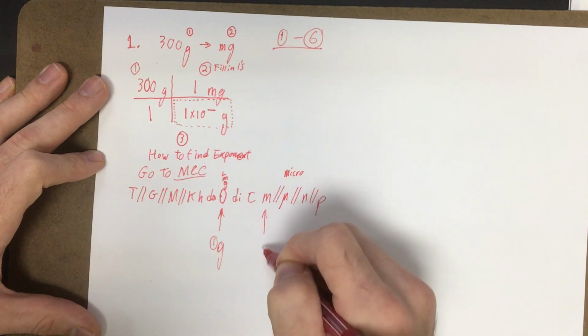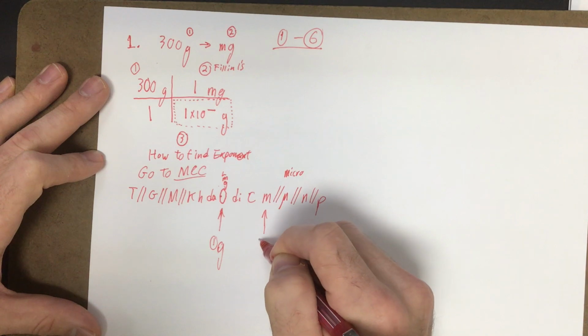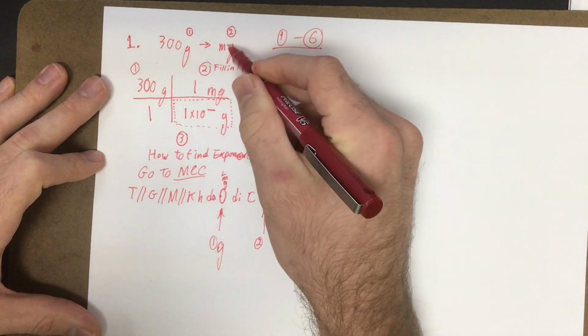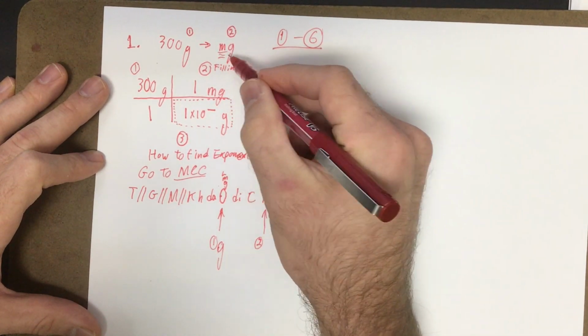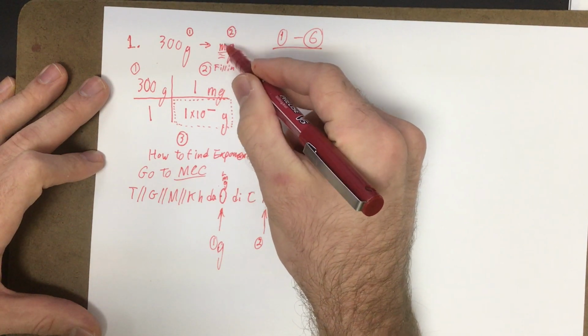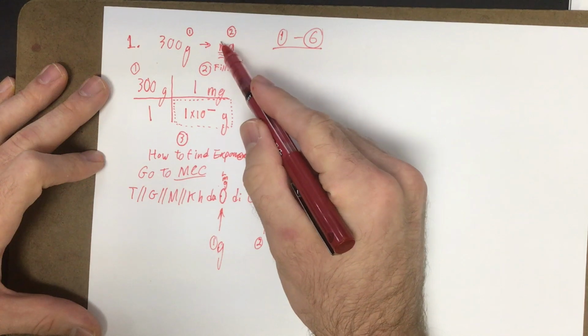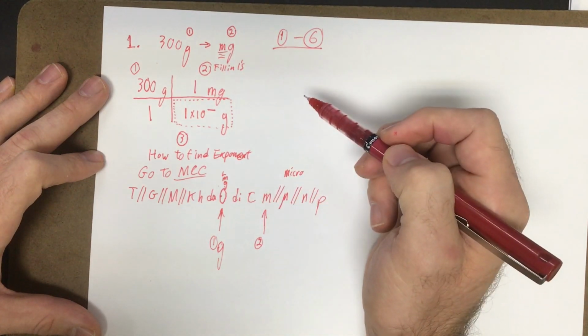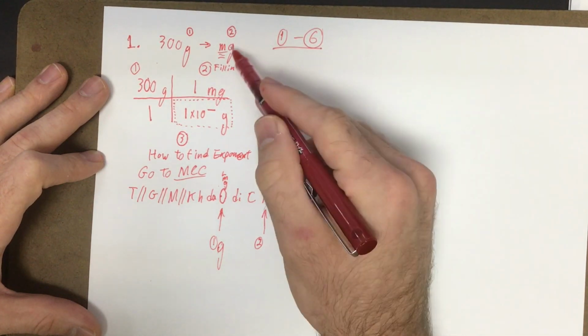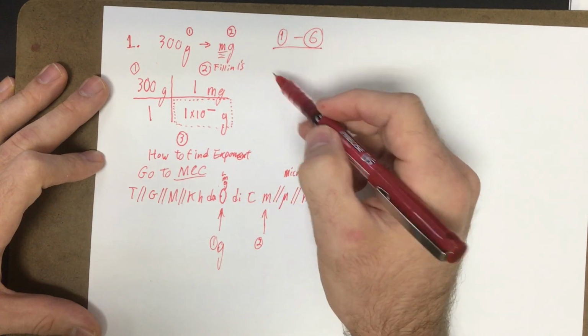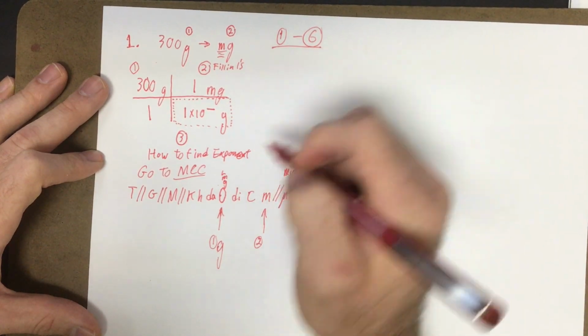And here is our milli, and so we know that that's where we're going to because we've got this M right here. The M in front signifies that it's milli. This is not meters, okay? This is not meter grams. This is milligrams, okay? If we had milli in front of a meter, that would be millimeters, okay?